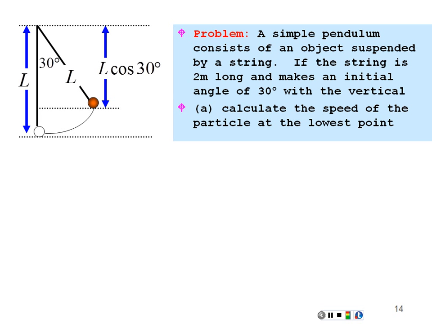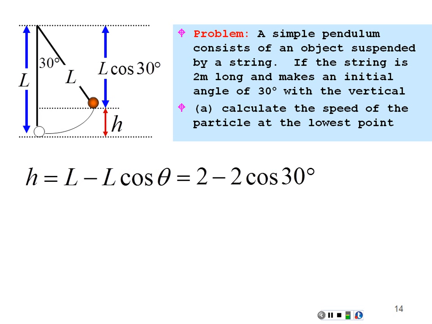So the difference between those two distances, L cosine theta and total L, will be my height. Cool. So height will be equal to L minus L cosine theta, in this case 2 meters minus 2 meters times cosine 30, or 0.268 meters.